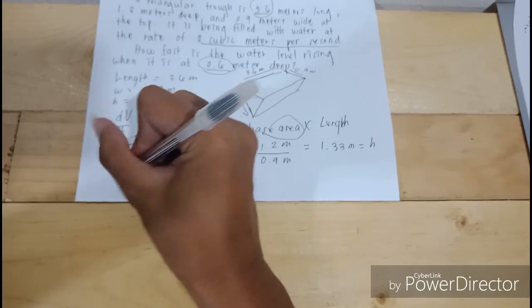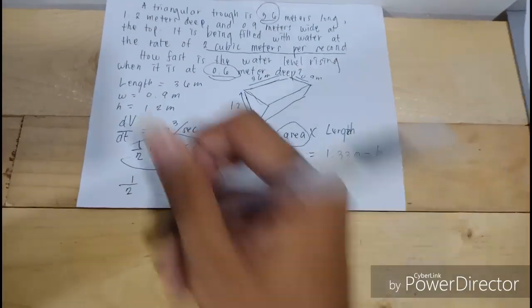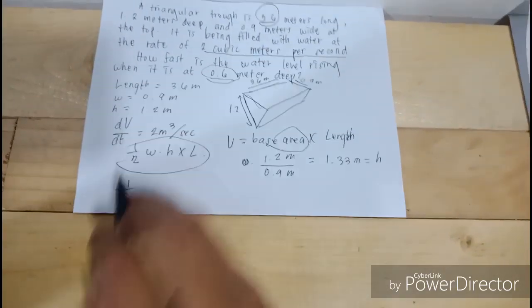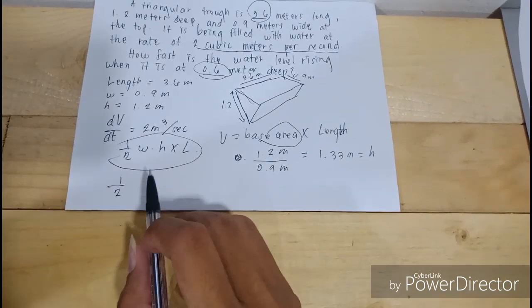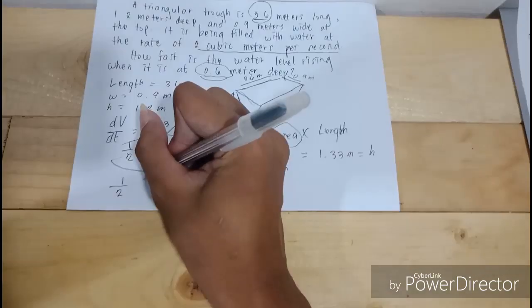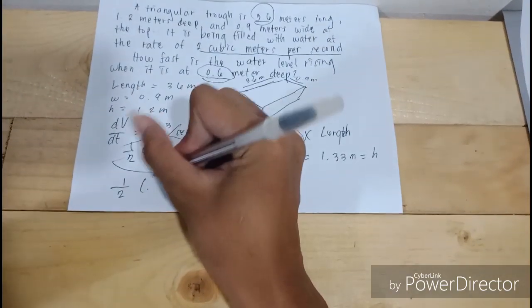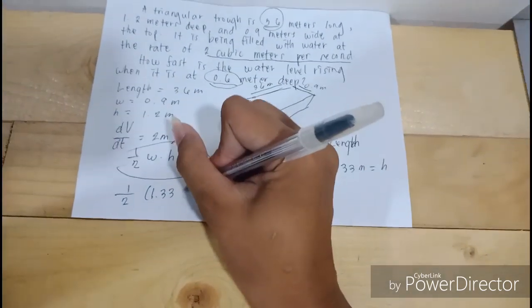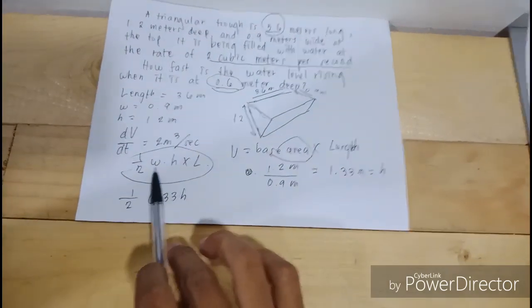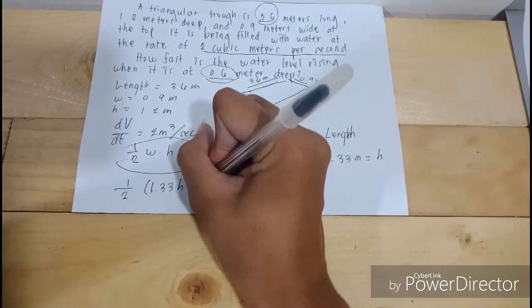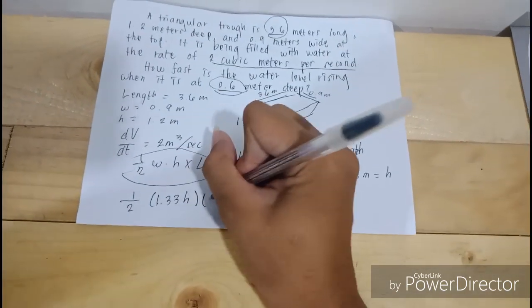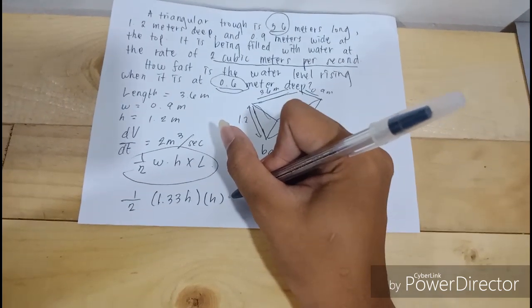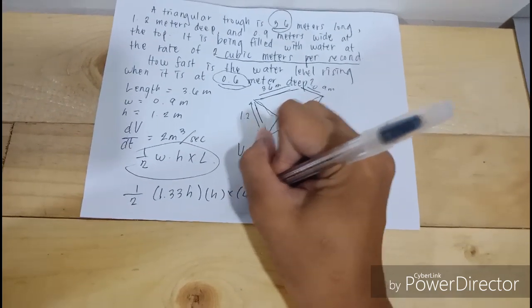So 1/2, and the width is now 1.33 h, because we substitute width to height, and h multiplied by length.